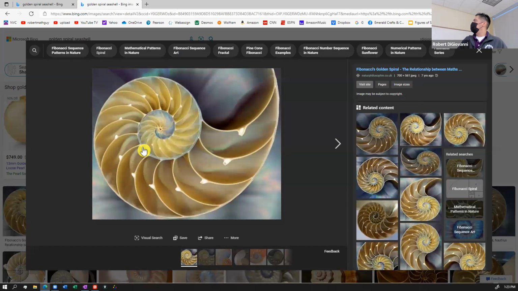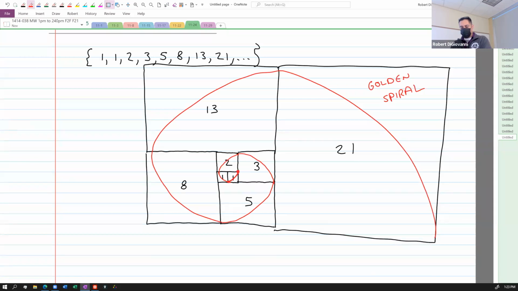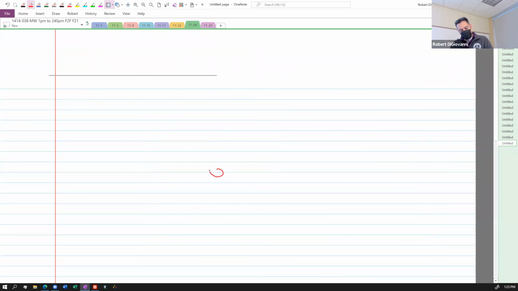So like the way that a shell grows, right? When you look at a cross section of a shell, it does not grow in a perfect spiral, meaning it doesn't do this. It doesn't spiral out. Notice the space between these spirals is pretty much staying the same the whole time, right? Distance from here to here, distance from here to here.